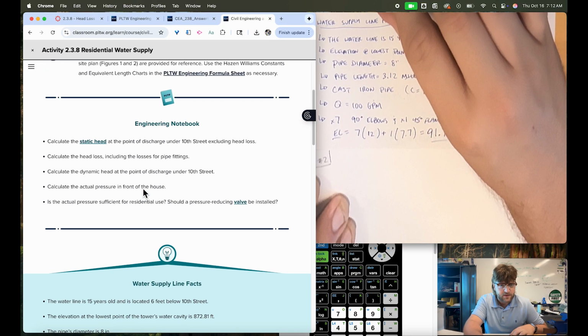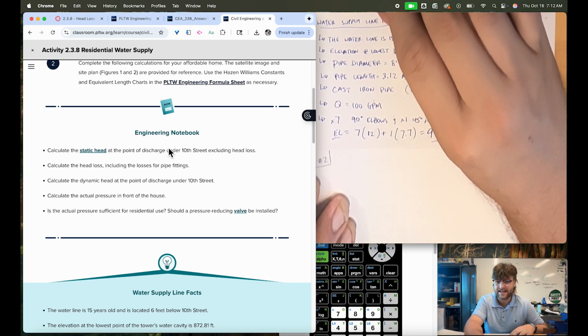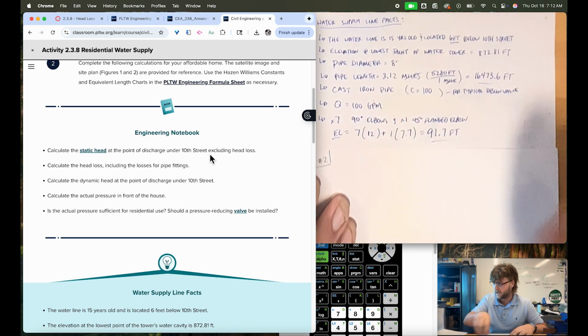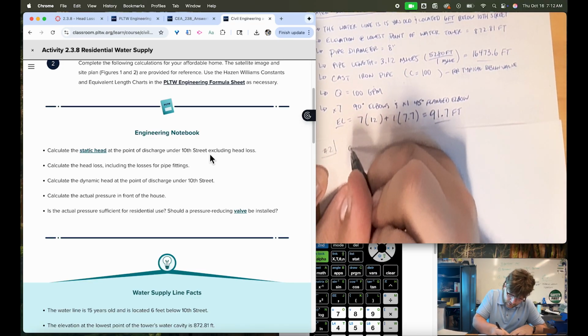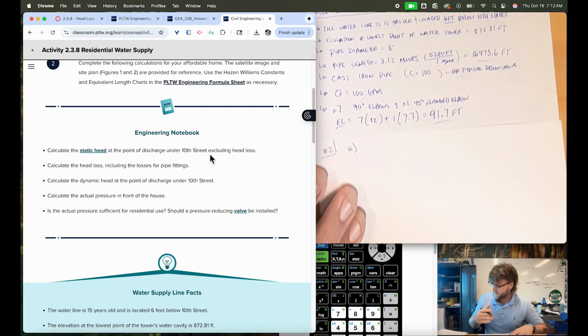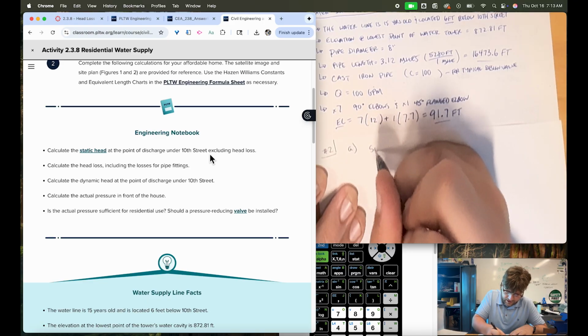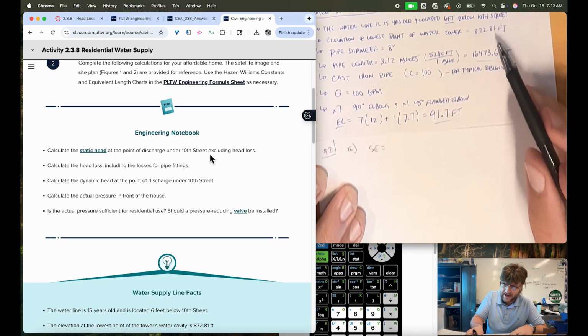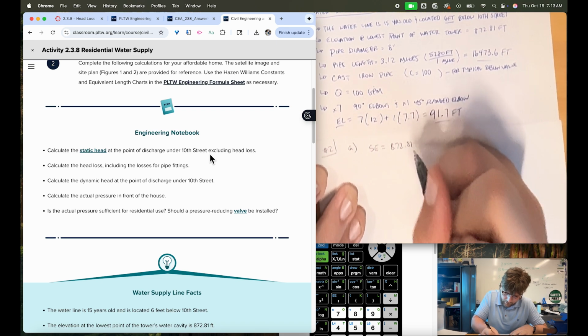They want us to calculate the static head at the point of discharge under 10th Street, excluding head loss. So let's begin. This is going to be 2A here. So we're going to calculate the static head at the point of discharge under 10th Street, excluding the head loss. So the elevation of the source, source elevation, we said that is 872.81 feet.